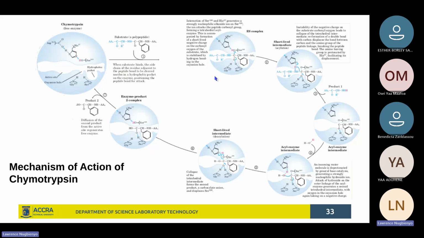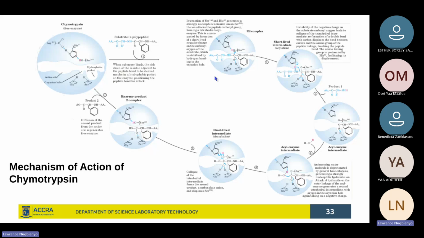So it's not for you to be cramming into your head the moment you see it. I know that sometimes you can be intimidated by how the whole screen is looking with a lot of things, but we'll take it one after the other, just for you to appreciate step-by-step activity of enzymes.